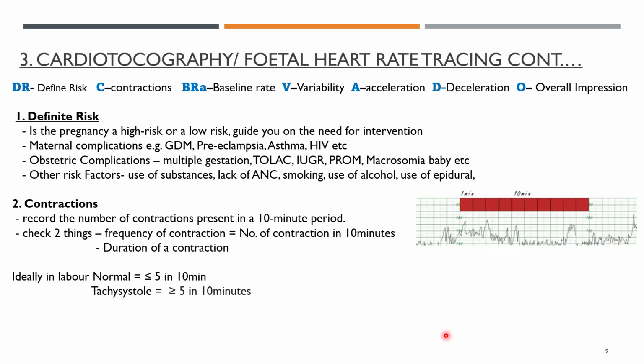Other obstetric complications could be multiple gestations, trial of labor after a CS, IUGR, premature rupture of membranes, a macrosomic baby. So anything that can make this delivery harder is a high risk.